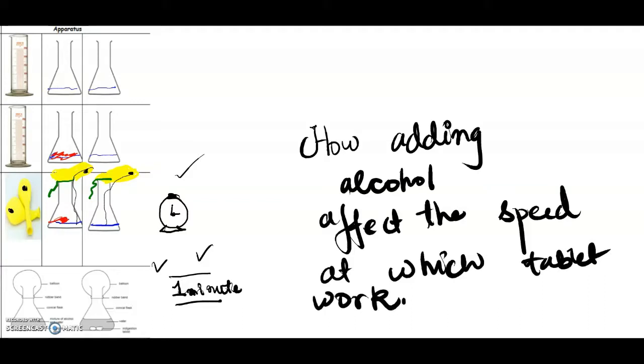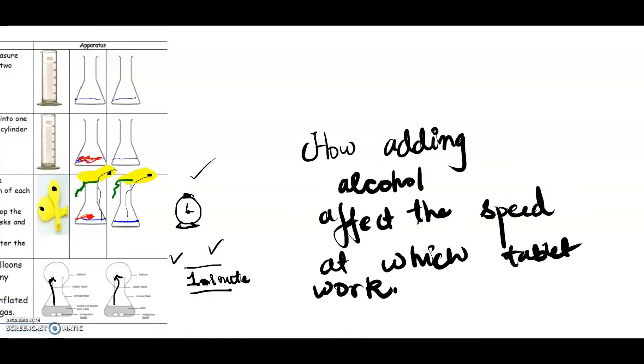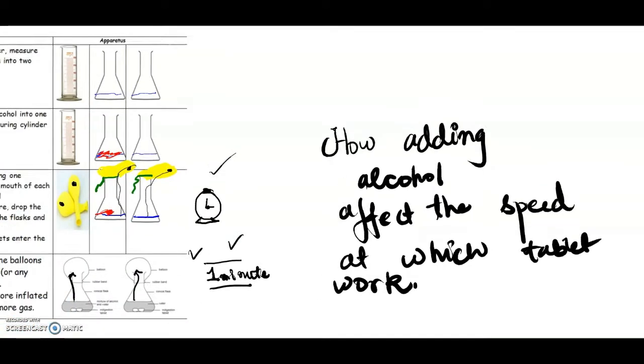And how does the tablet work? You can see it by the change. And what is that change? That change is the volume of carbon dioxide which is collected in this balloon. Okay, so that's it, and let me share the complete diagram with you step by step.